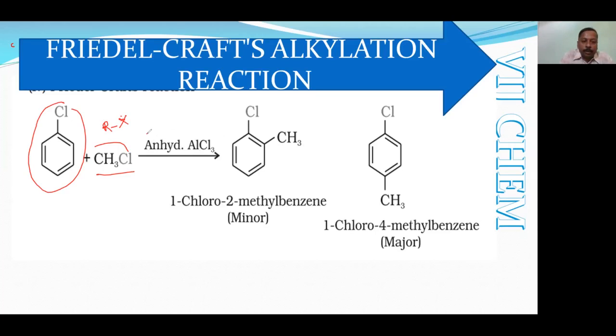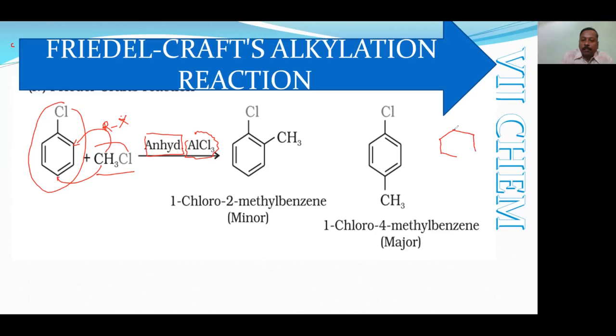But this is necessary: anhydrous AlCl3. In presence of anhydrous AlCl3, the methyl group will be substituted either at the ortho position or at the para position. So what is ortho, meta, para?